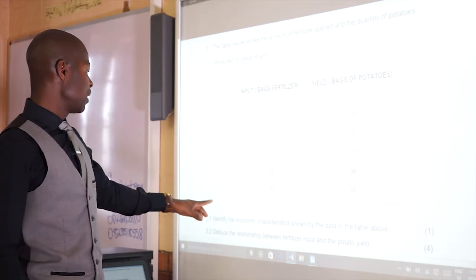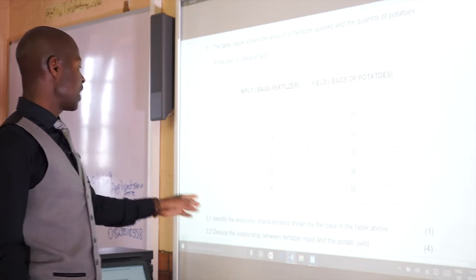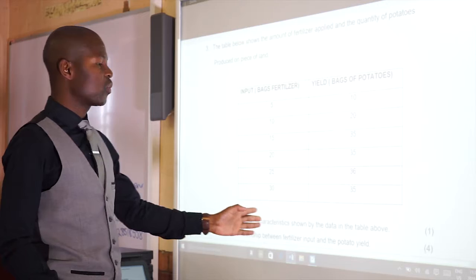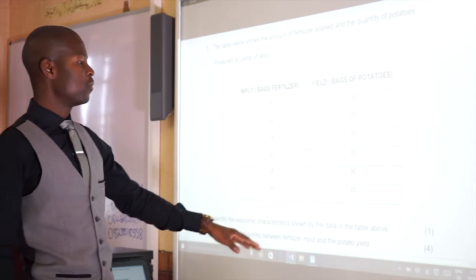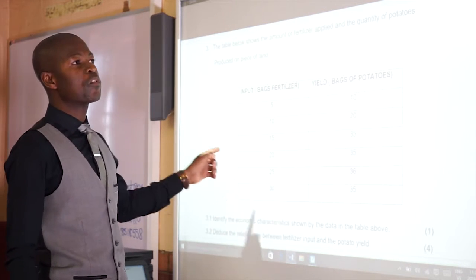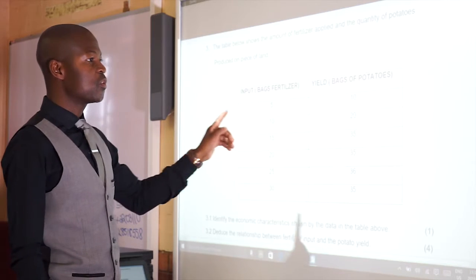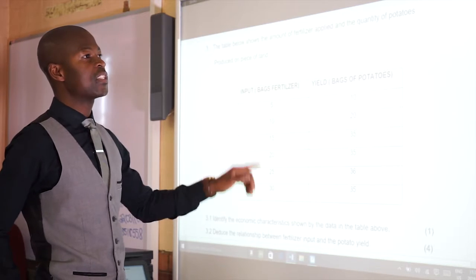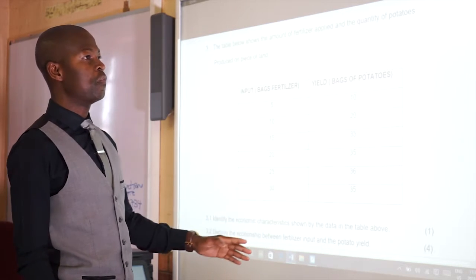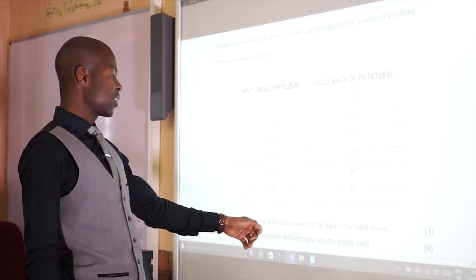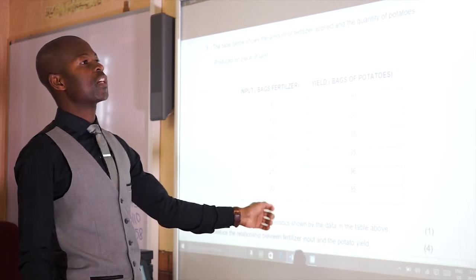Meaning to say that the question now says, identify the economic characteristics shown in the data above. As we can see from the graph that I've presented, this speaks to the law of diminishing returns, if one can recall very well. It speaks straight to the law of what? Of diminishing returns.